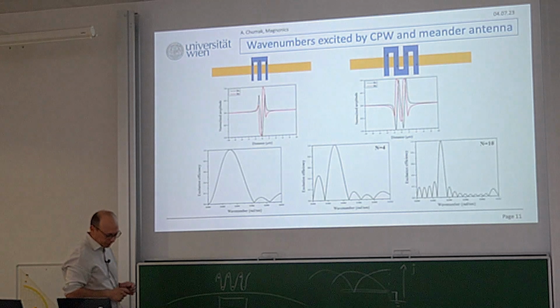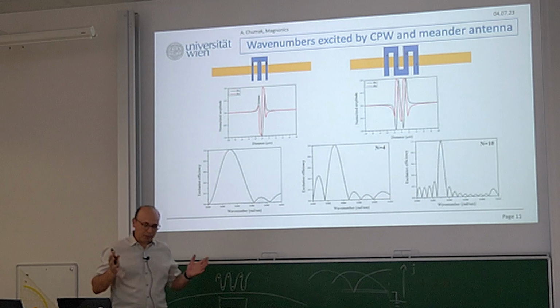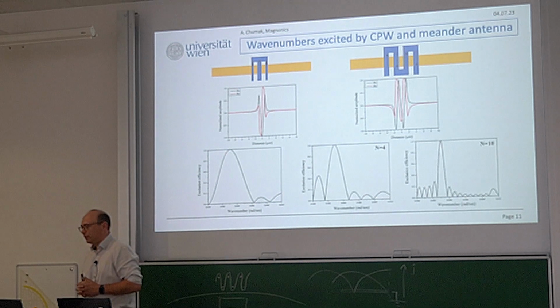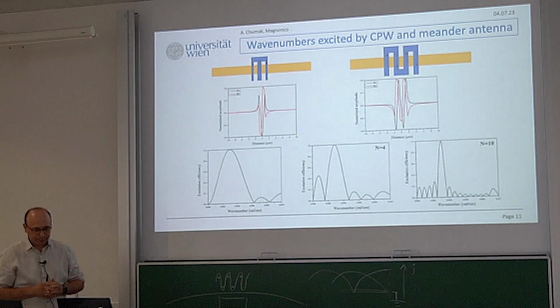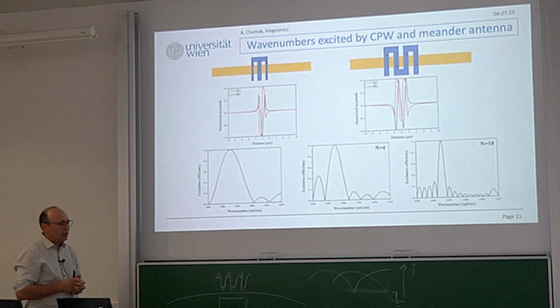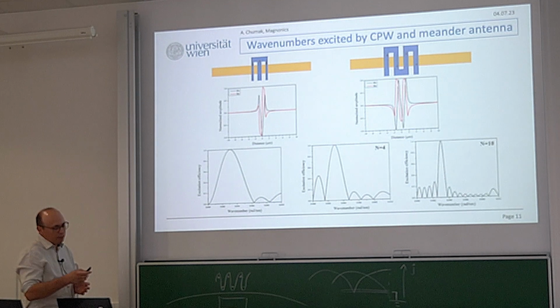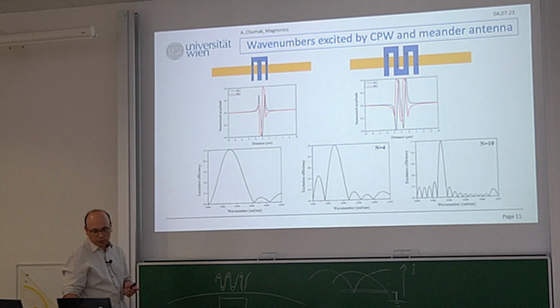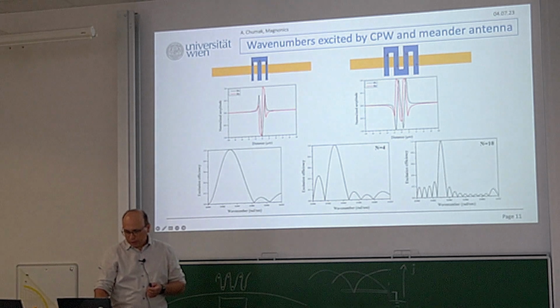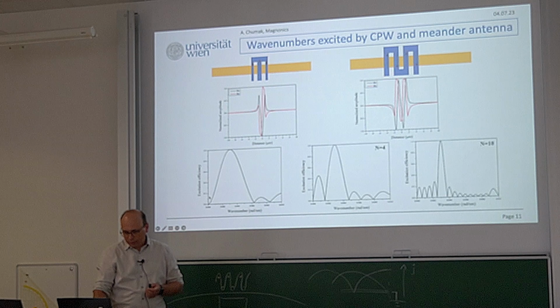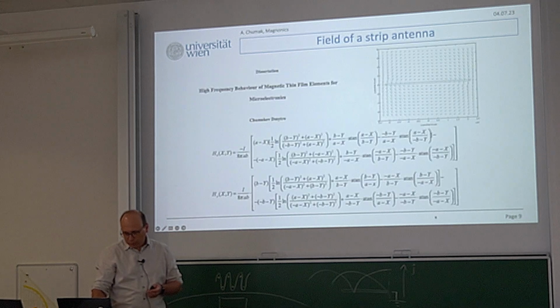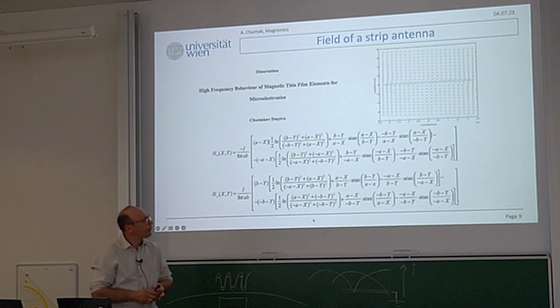Something like this. The distance between antennas then will be, for example, 10 micron or tens of microns for yttrium iron garnet. And what's important then is that the signal which you detect is actually not as pronounced as you would like it to be.